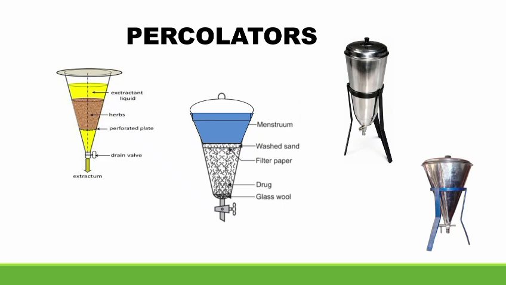In between there is a perforated plate inside. The perforated plate is a plate which has holes through which the extracted liquid, that is our menstruum, can easily pass and get into the drain valve, so that we can easily drain the extract from the percolator.